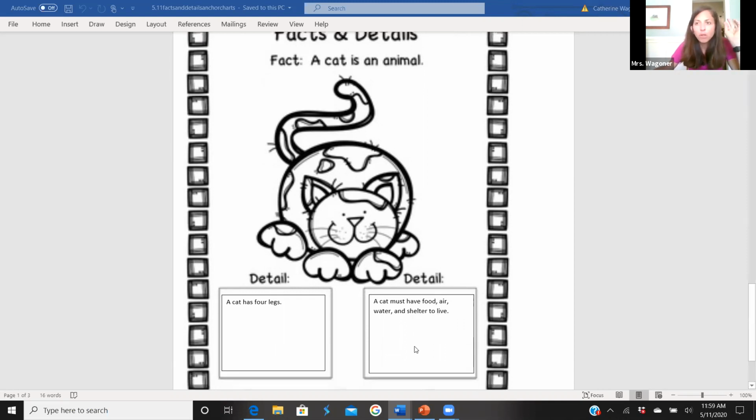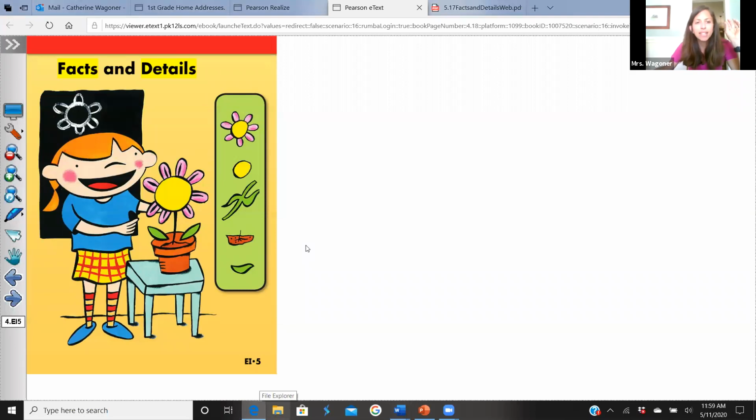So right now I'm going to pull up a poster or a chart from your Reading Street curriculum. And it says facts and details at the top. So this picture shows an example of facts and details. All right, let's see. So the question I have is, what is the girl doing?